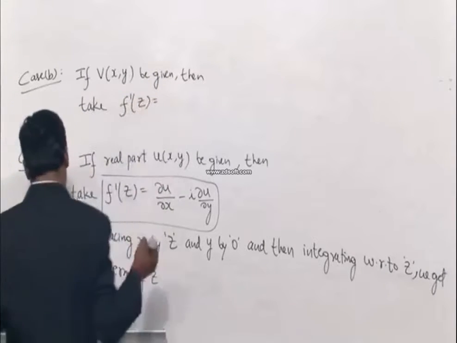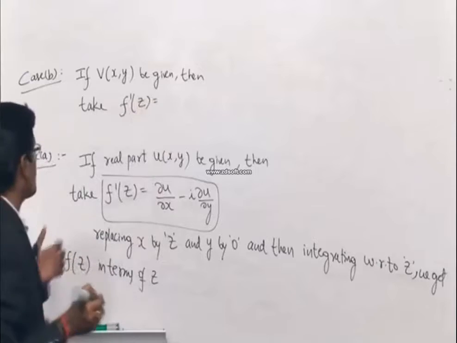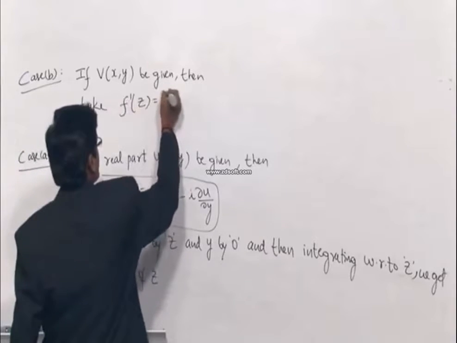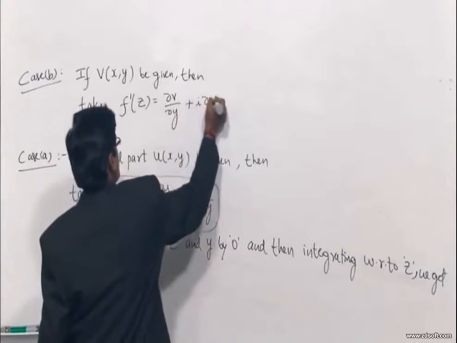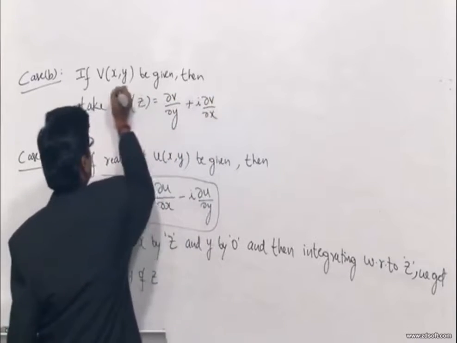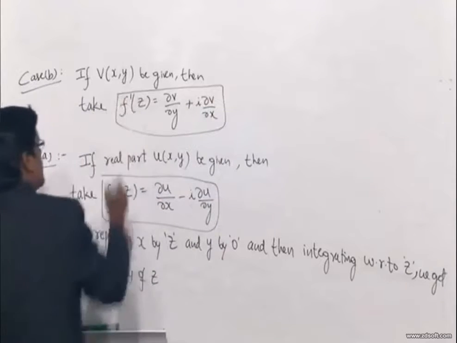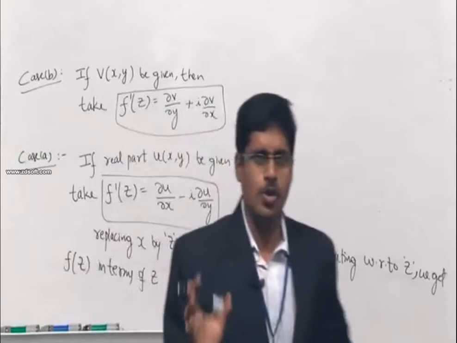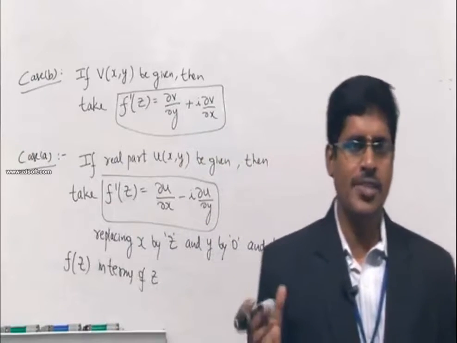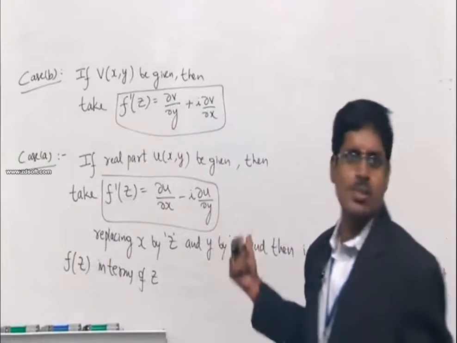Because v is given, just search the f dash z formula, both are containing v. Dou v by dou y plus i times dou v by dou x. It is not required to remember by heart both f dash z formulas in this method, but it is sufficient to remember the f dash z original formula dou u by dou x plus i dou v by dou x. Then with the help of CR equations we will get both cases.